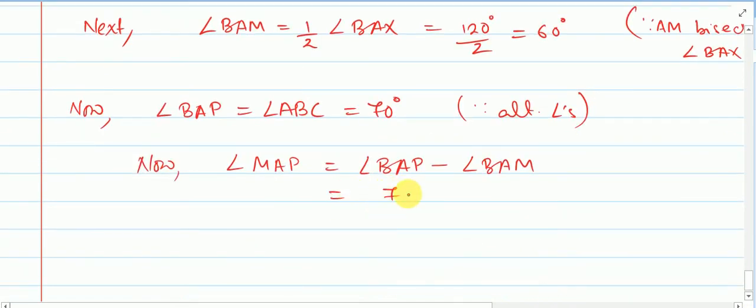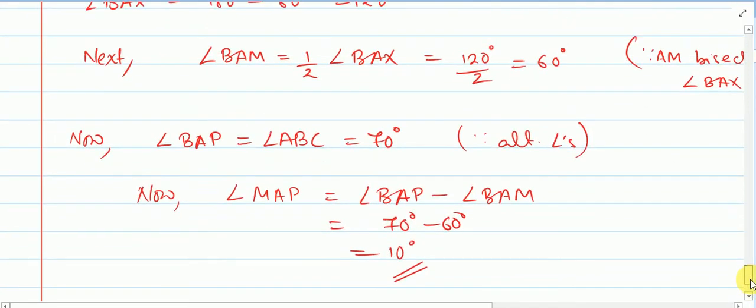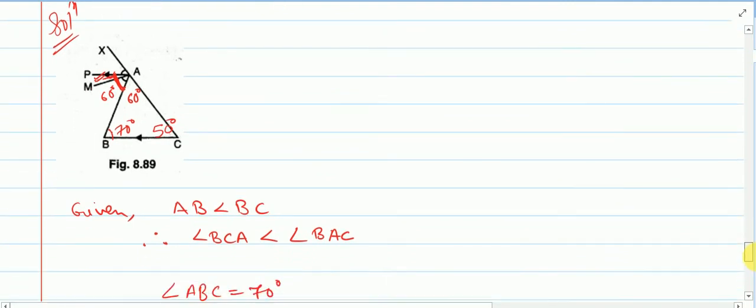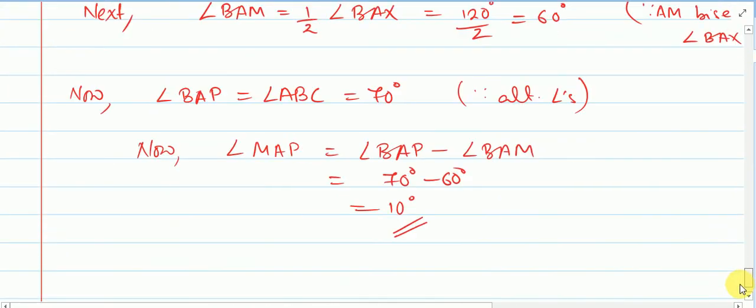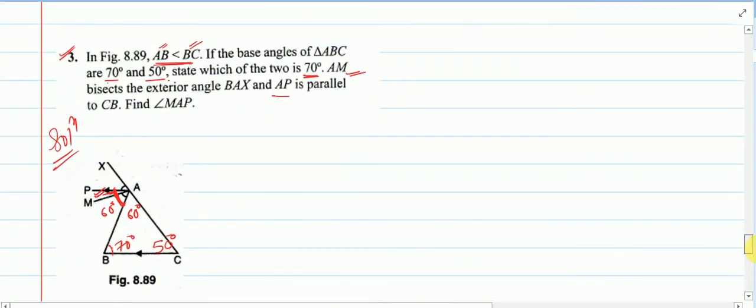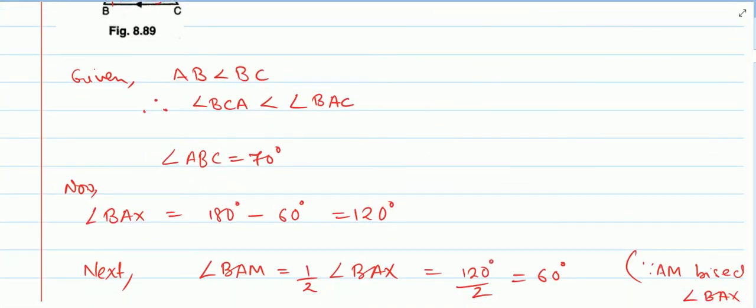So it will be 70 minus 60, that is 10 degree. So you got the answer. So this question is over.